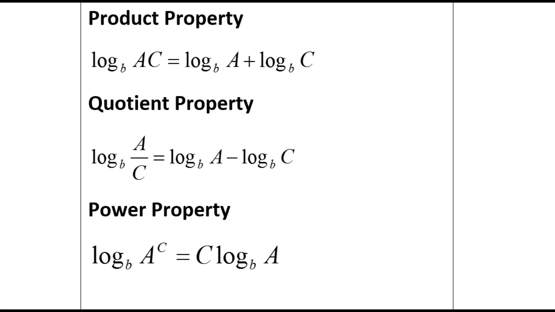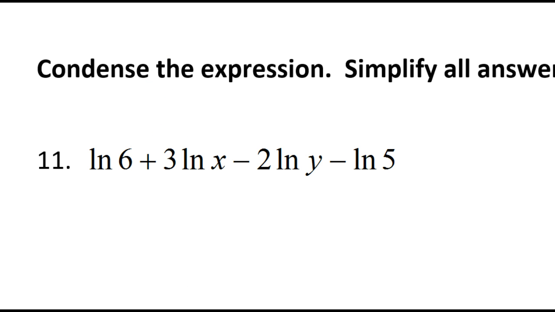So the power property, when you're condensing, says that if you have a number in the front, a coefficient, you can move that up into the exponent like this. So that's what I'm going to do. This 3 is going to move to the exponent, and this 2 is going to move to the exponent, and that's it.